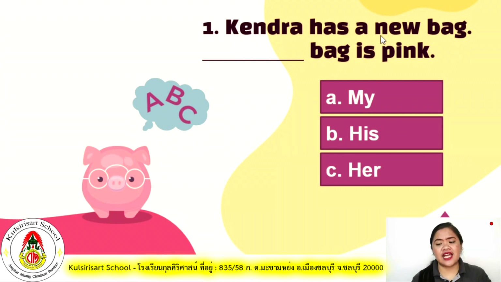Kendra has a new bag. Blank bag is pink. What should be the answer? Kendra is a girl, a name of a girl. Is it my, is it his, or is it her? Very good. It should be her.